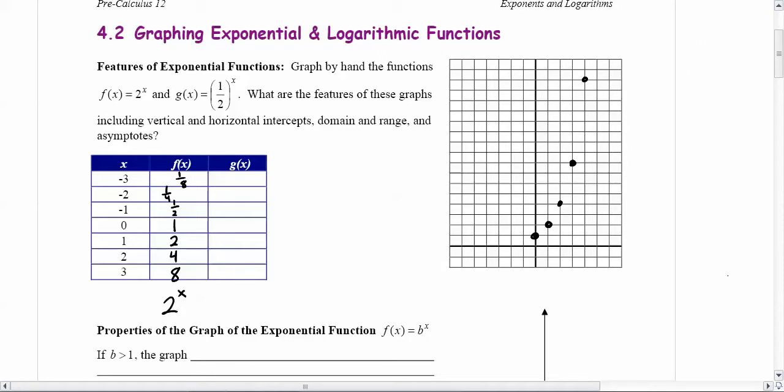And as we go onto the negative side, the numbers get smaller and smaller and smaller, but they'll never quite equal 0. So we have a horizontal asymptote for an exponential function. So it starts really slow, and then all of a sudden when it crosses the y-axis, it goes up with a vengeance.